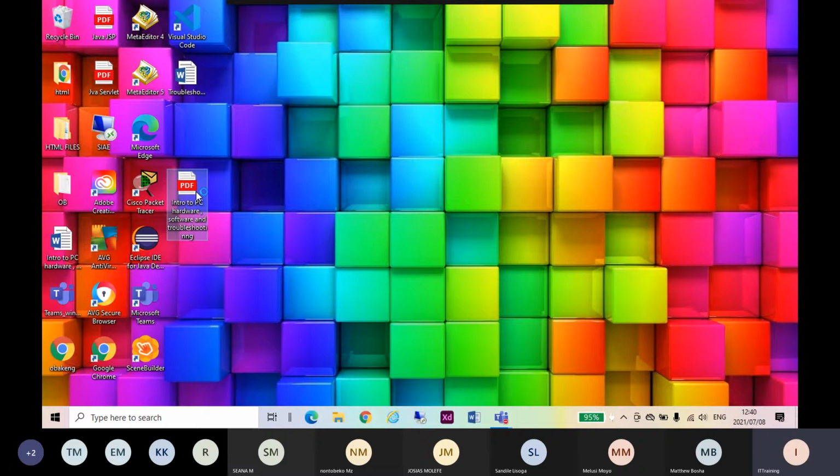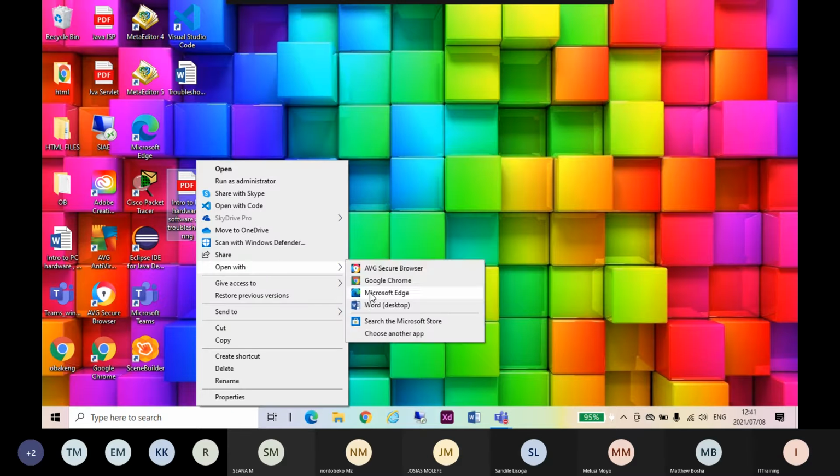Should be opening with Microsoft Edge right now. Okay, well, Edge.